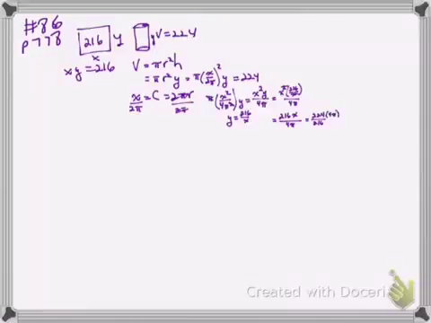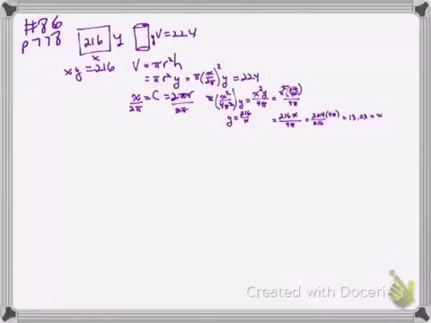And then when I do that, when I multiply 224 times 4 pi and divide by 216, I get 13.03. And so that's going to be our x.